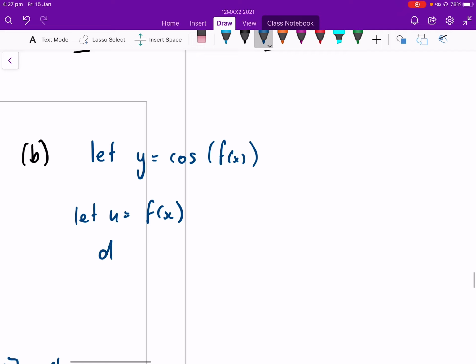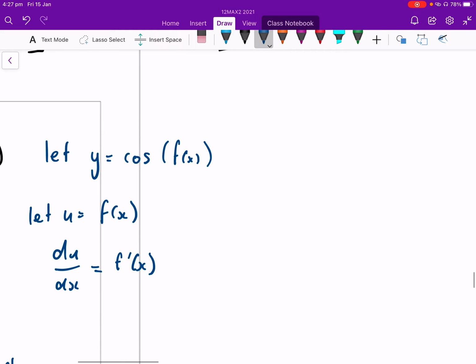Deriving that expression with respect to x, I'll get the first derivative of the function. Now, y is equal to cos, and we said this function of x was u, so I'm going to write cos u.